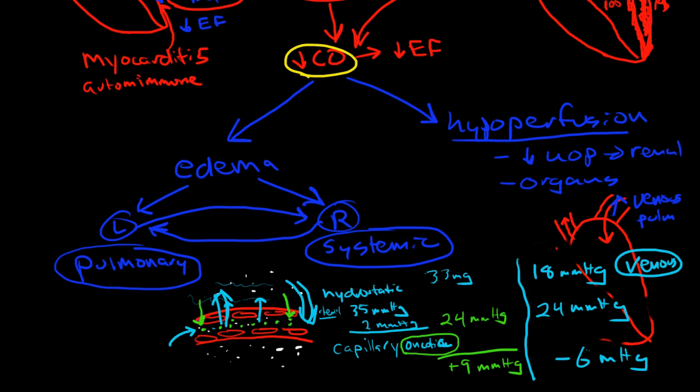Okay, but what happens when we have increased venous pulmonary pressures is that this number at the venous end increases. Because the heart is not pumping effectively, the pressure on the venous end may rise. It probably won't be as high as the pressure on the arterial end, but it may increase to 25, and then we're going to end up with a net filtration pressure of +1.